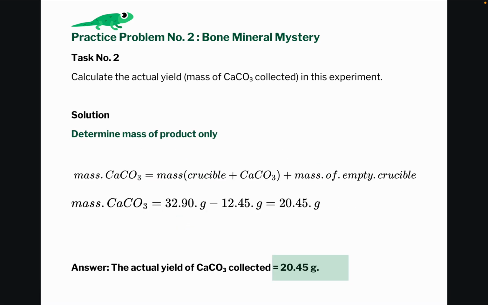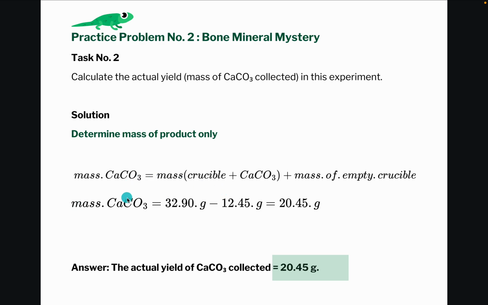For task number 2, we are asked to calculate the actual yield, or the mass of calcium carbonate collected in this experiment. To determine the mass of the product only, we use this formula: the mass of calcium carbonate equals the mass of the crucible plus the calcium carbonate precipitate, minus the mass of the empty crucible.